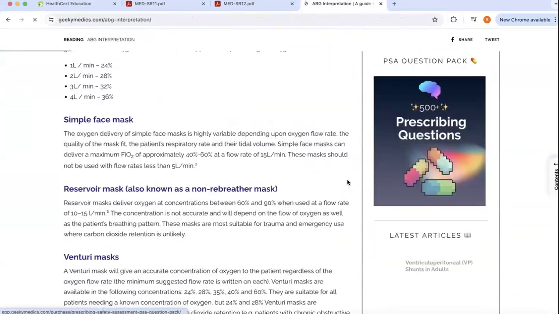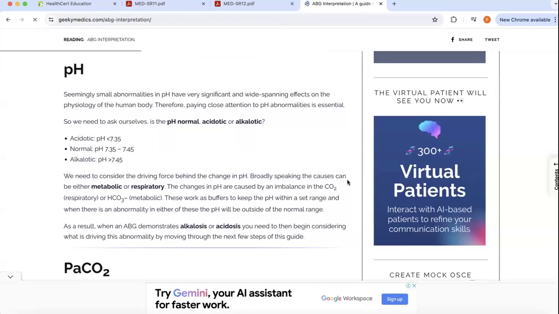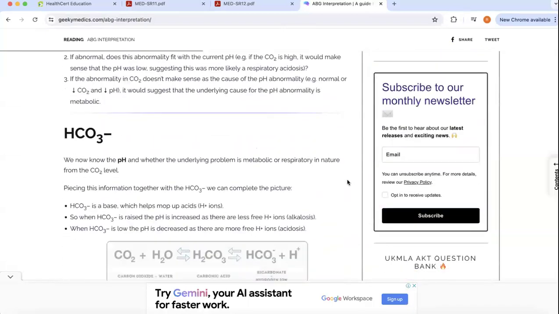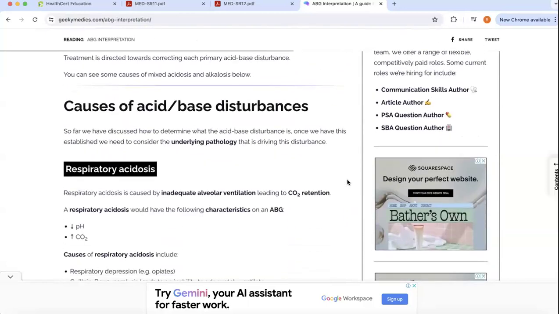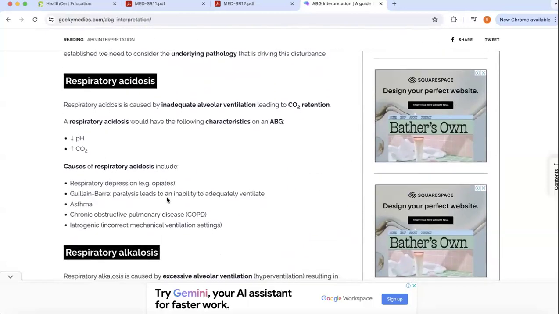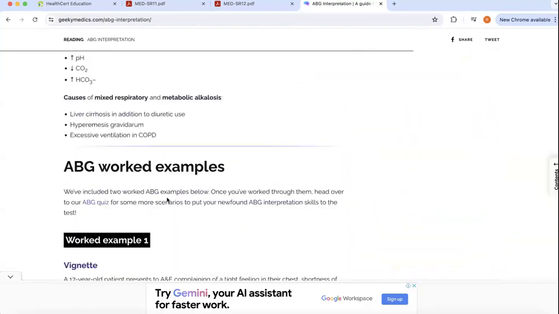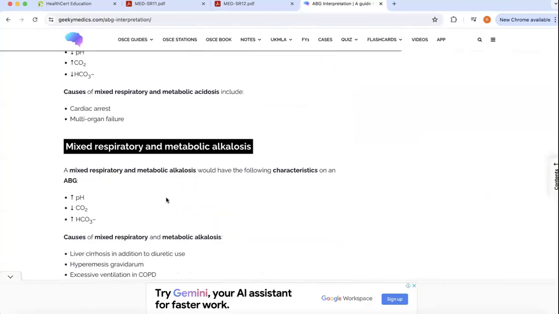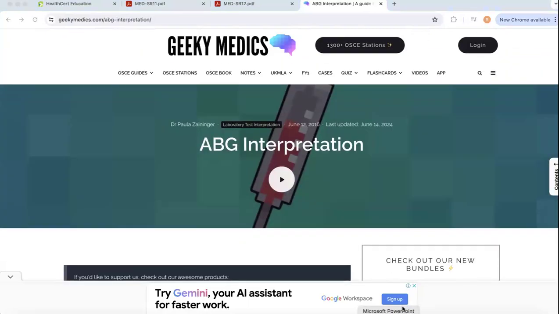If you want to go into a little bit more detail, there are some examples given in there about the compensation and everything, the mixed as well. And they have also given some of the common causes, which is important for you. So go through this guideline, and that will be more than enough for your ABG preparation, okay?